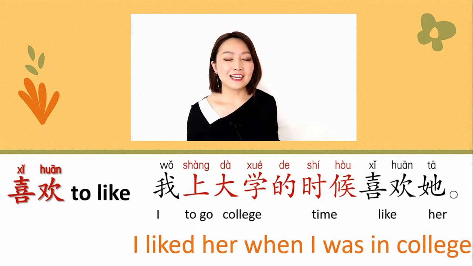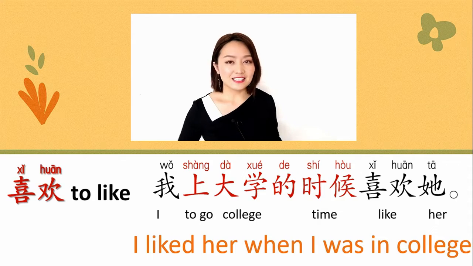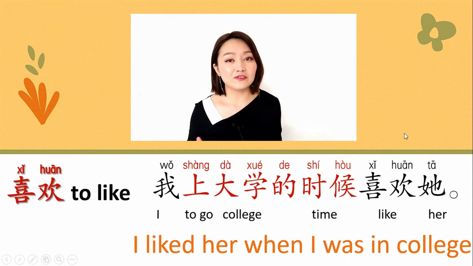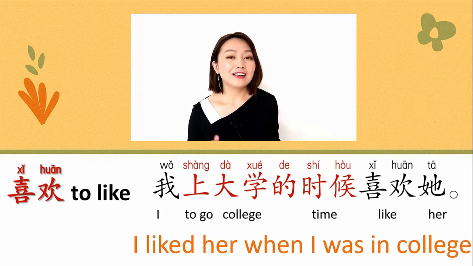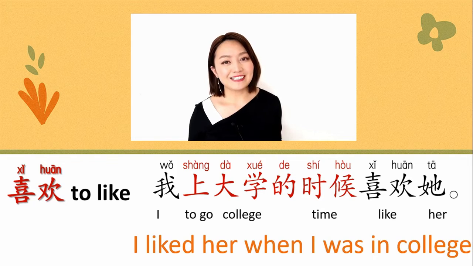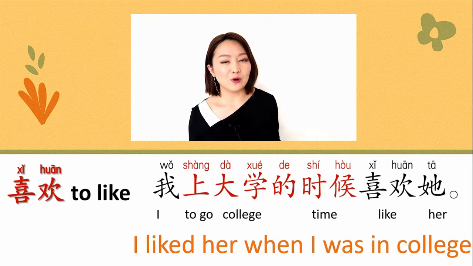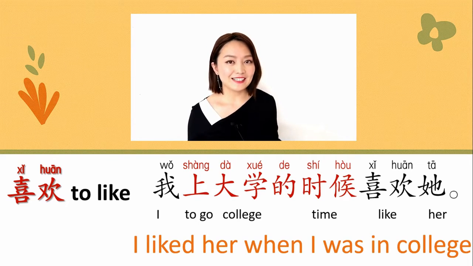See, very easy. Another example, 喜欢, like. It doesn't suddenly happen and suddenly stop. It's a continuous situation. So it's the second kind of verbs. 我上大学的时候喜欢她. I liked her when I was in university. This sentence is past tense because we put the time word 上大学的时候, when I was in university.